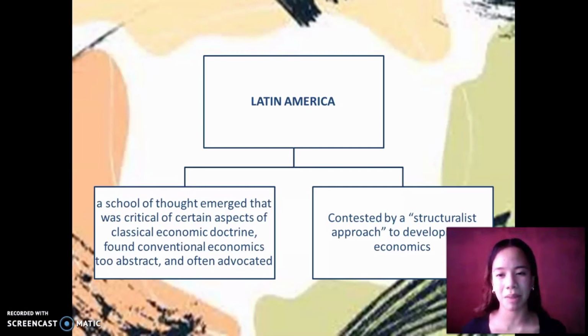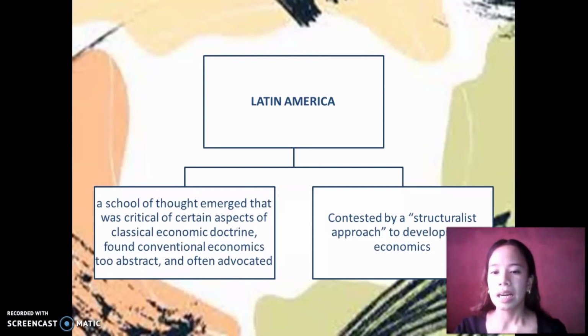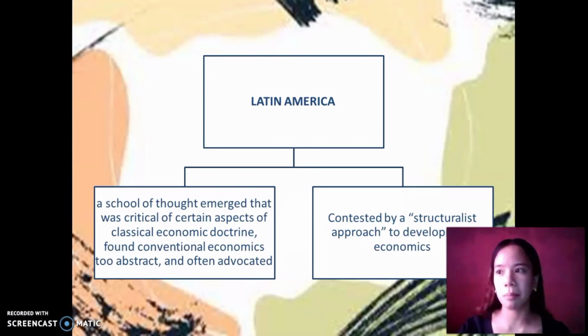Just like in Latin America, a school of thought emerged that was critical of certain aspects of classical economic doctrine, contested by a structuralist approach to the development state.